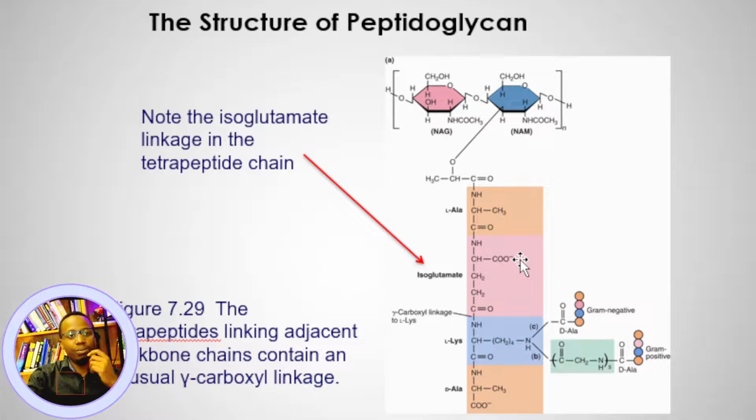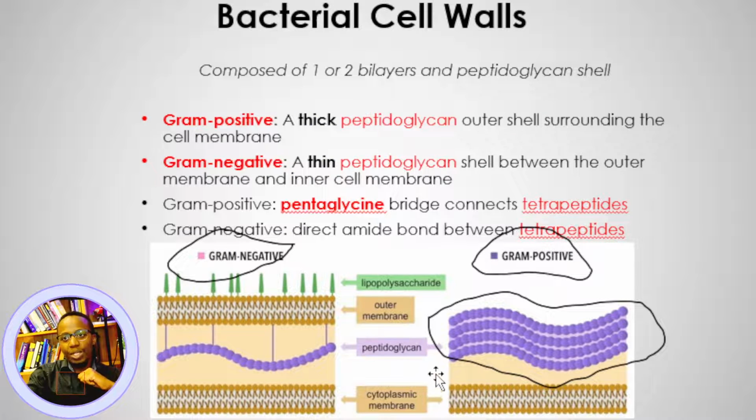Which is 4 amino acids. And it's bound to a sugar. Look at this, this is a sugar. But it's a sugar that's also bound to an amino group, right? So that's what we mean by peptidoglycan.